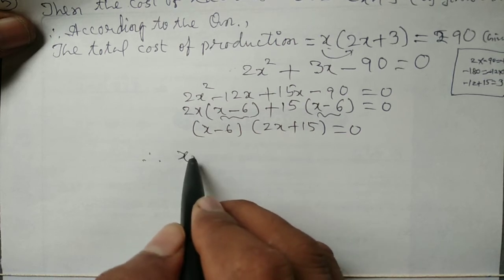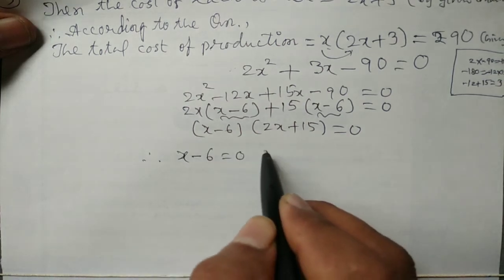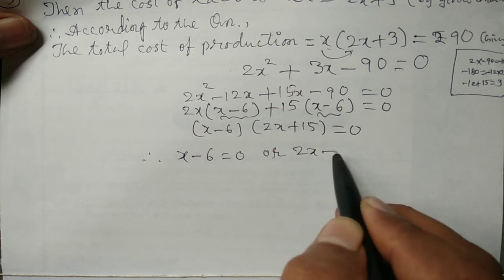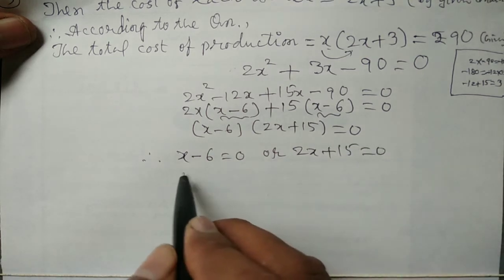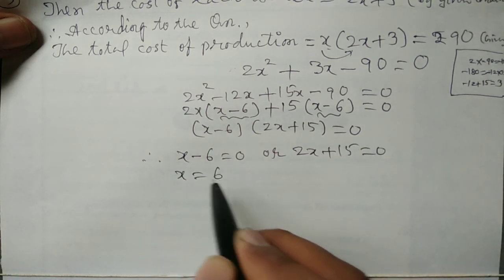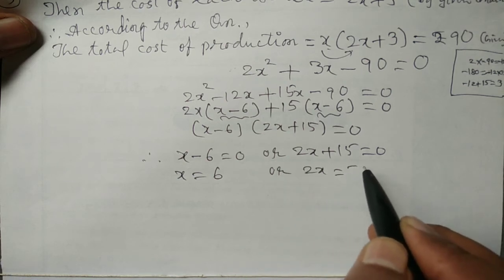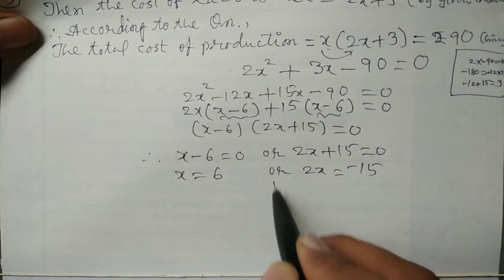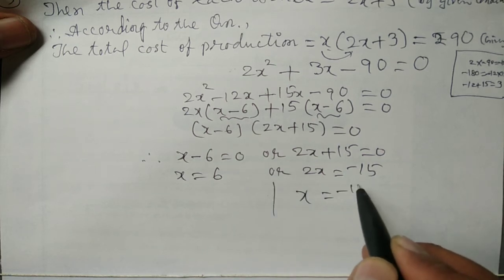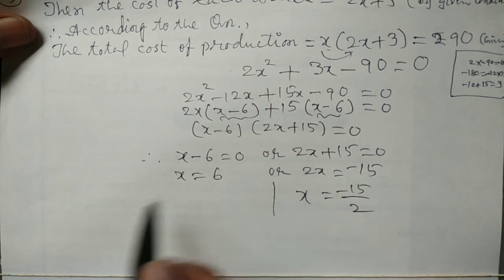Therefore x minus 6 is equal to 0, or 2x plus 15 is equal to 0. x is equal to 6, or 2x is equal to minus 15, x is equal to minus 15 by 2.